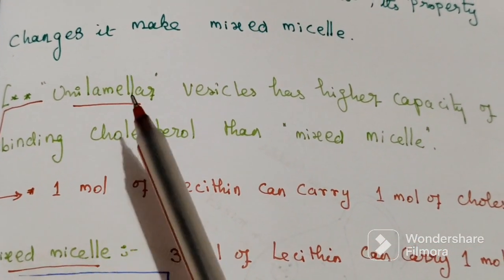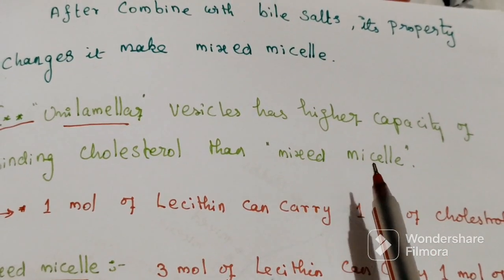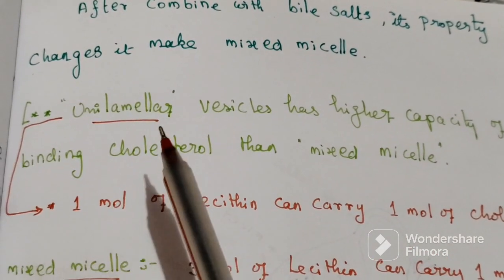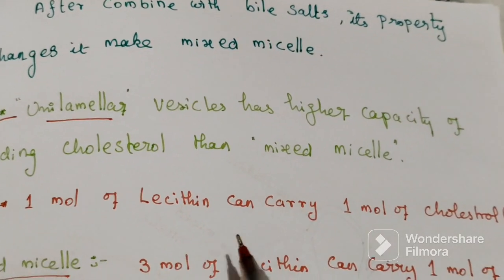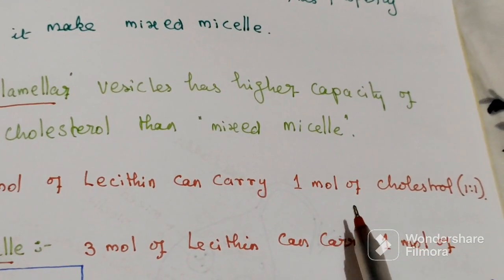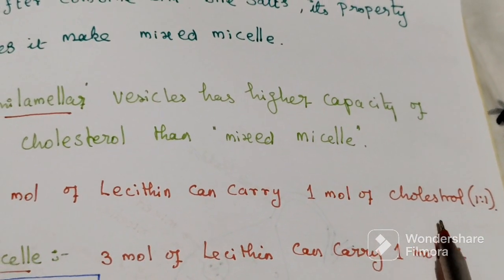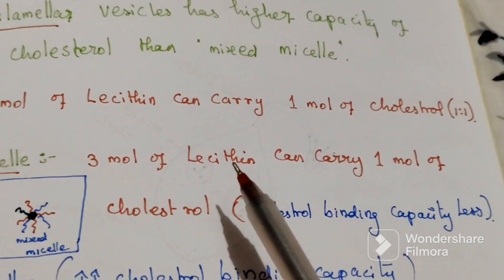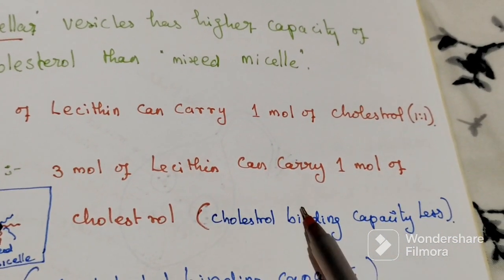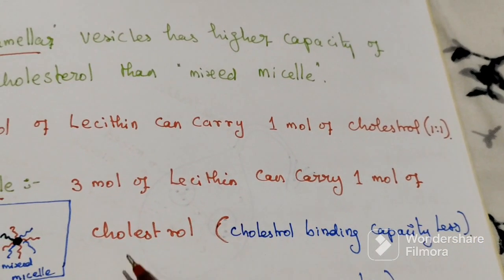What is the difference between the unilamellar vesicle and the mixed micelle? In the unilamellar vesicle, one molecule of lecithin can carry one molecule of cholesterol, a 1:1 ratio. In the mixed micelle, 3 molecules of lecithin carry 1 molecule of cholesterol.